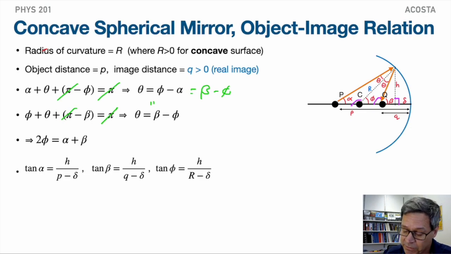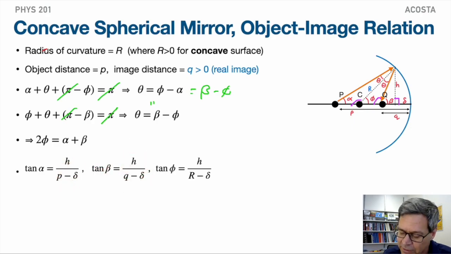Similarly for beta, tangent of that angle is again the same height h over the distance here at the bottom leg. That's the image distance q, which is a positive number because it's a real image, minus again that same length delta. So I've got tan alpha is h over p minus delta, tan beta is h over q minus delta.